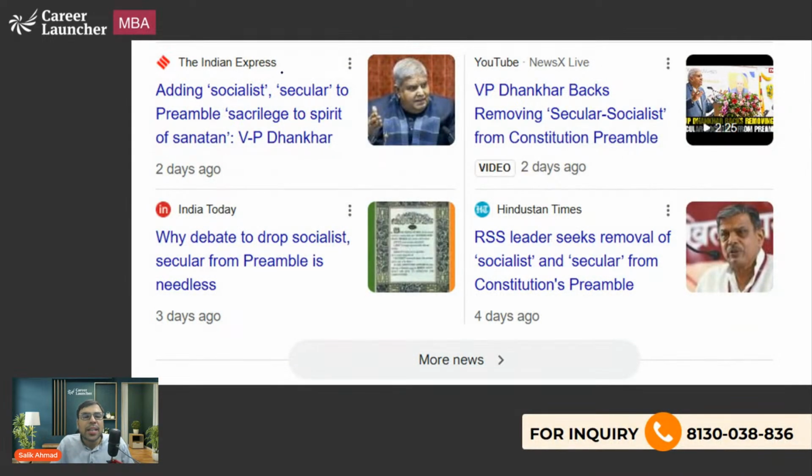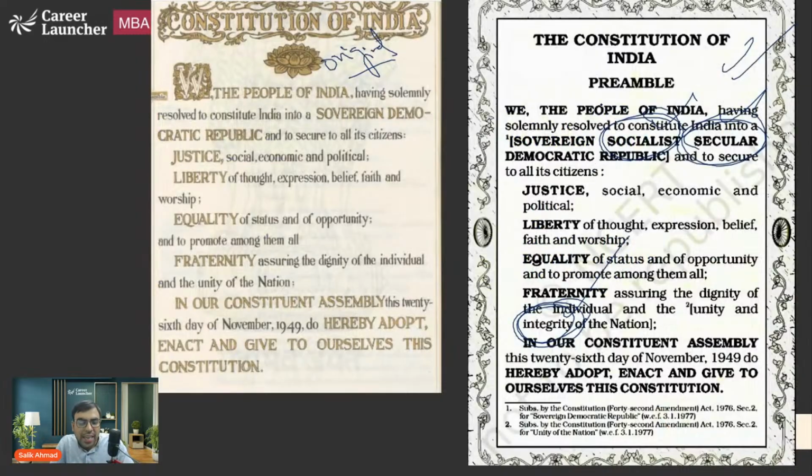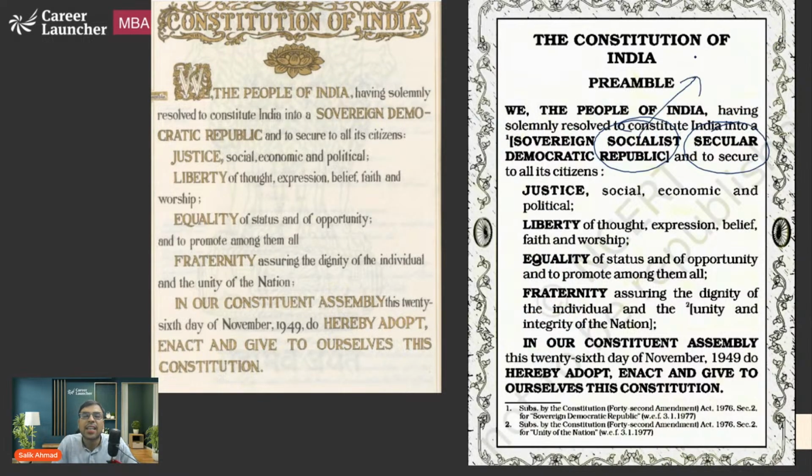Now, there has been debate on whether we need to remove those terms. The answer is, see, these are symbolic terms. The Indian Constitution is socialist not because it is mentioned in the preamble, but because of the DPSP and other welfare state provisions. Secular means people of all religions are treated equally.